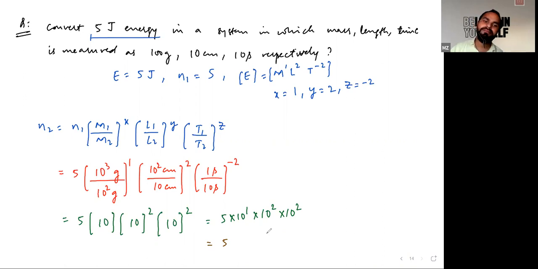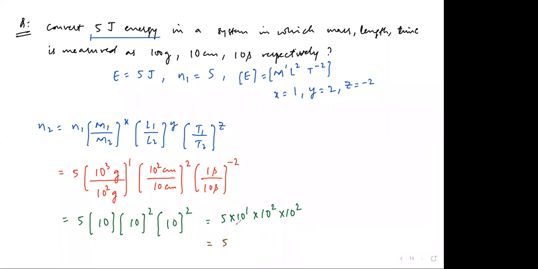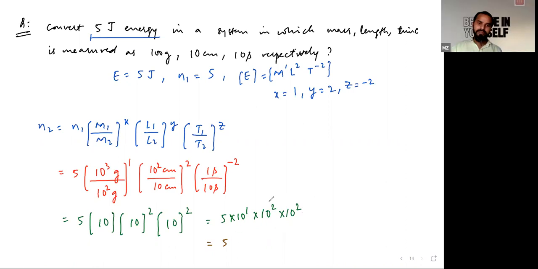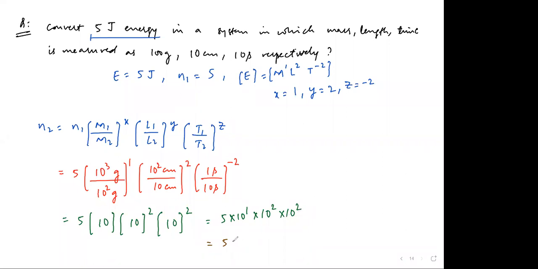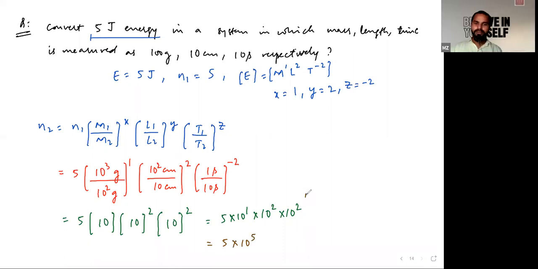Vaishnav, what will be your answer on simplification of this? 5 into 10 to the power 5. Good. So we can write 5 joule is equal to 5 into 10 to the power 5 in terms of the new unit. Okay.